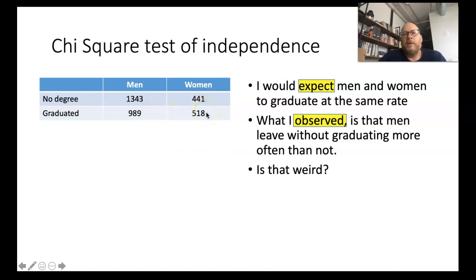Women are more likely to leave with a degree. Is that weird, or is that still the same ratio for men and the same ratio for women? Are they graduating at about the same rate? Well, to test that, we have to allow for just some sampling error and randomness, but it certainly doesn't look like it's going to be the same.